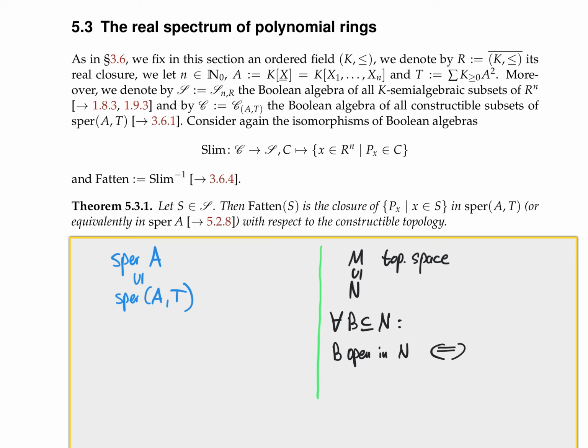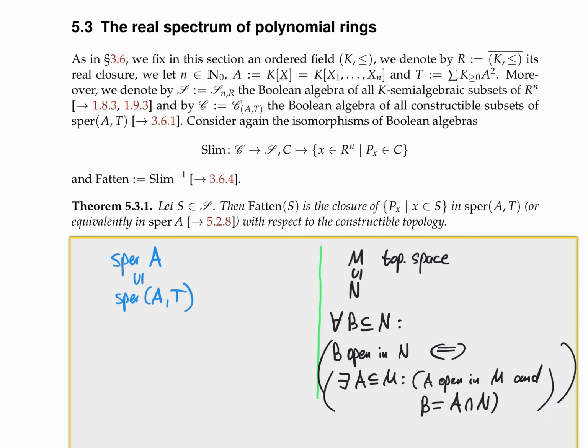if and only if there exists a subset A of M such that A is open in M and B equals the intersection of A with N. The same thing holds for closed subsets.